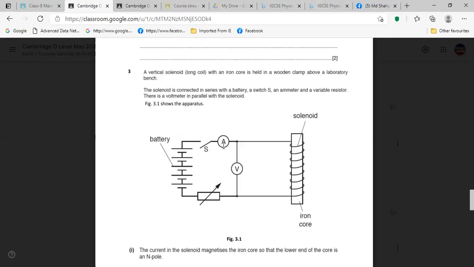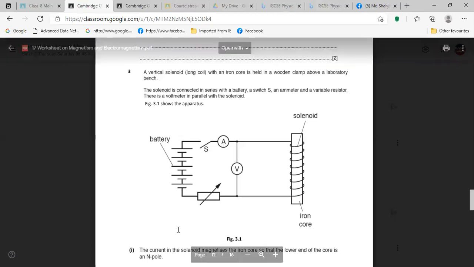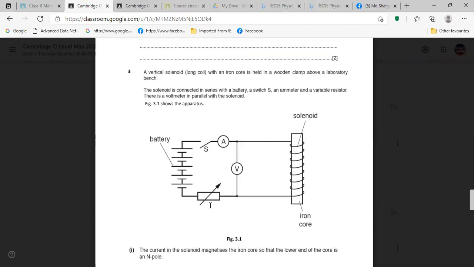Let me clarify some of the things. Here, variable resistor is a resistor. Resistor means that which opposes the current. That means if you have more resistance, then there will be low current. So variable resistor means the resistance which we can vary. Like we can make it 5 ohm, or 10 ohm, or 20 ohm.